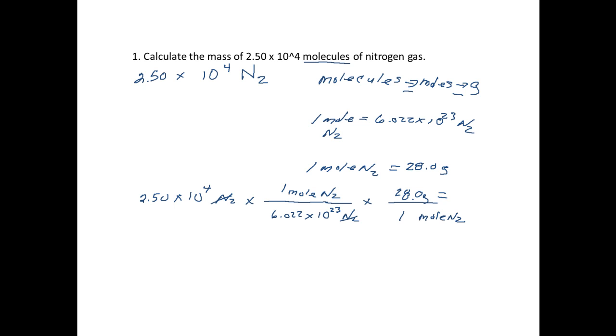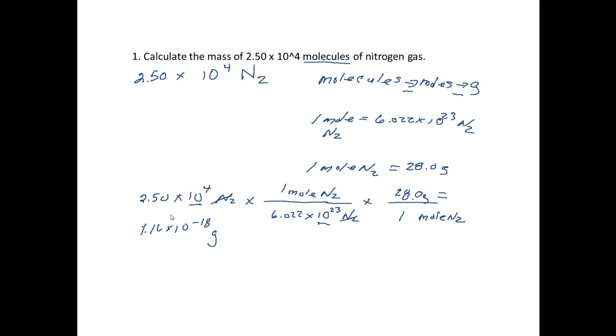And we get for an answer 1.16 times 10 to the negative 18 grams. And it really should be a small number because, again, this is so far away from Avogadro's number. So we expect this to be a really, really small number.